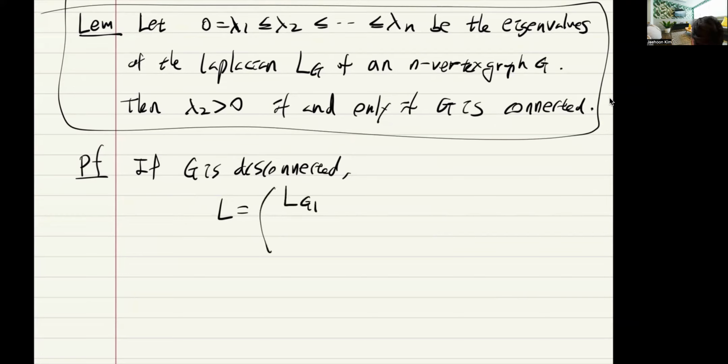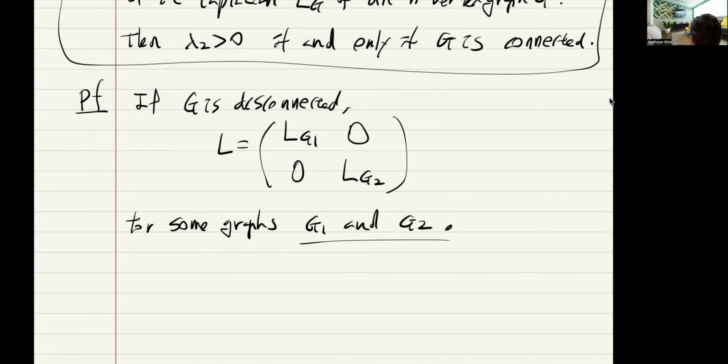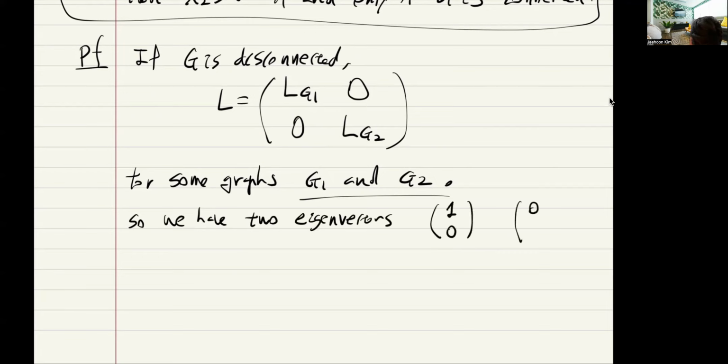From this definition, you can write this matrix in two blocks, for some P1 and P2, which are the unions of some components of G. So we have two eigenvectors.